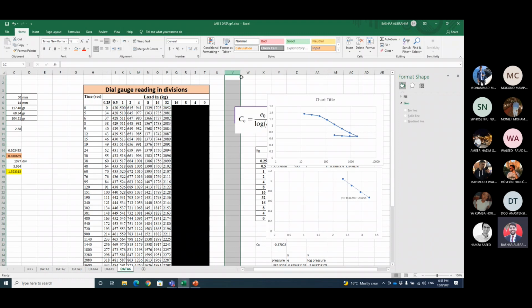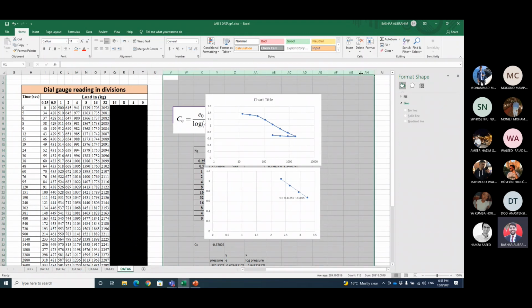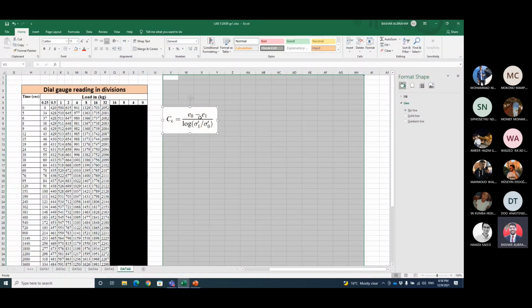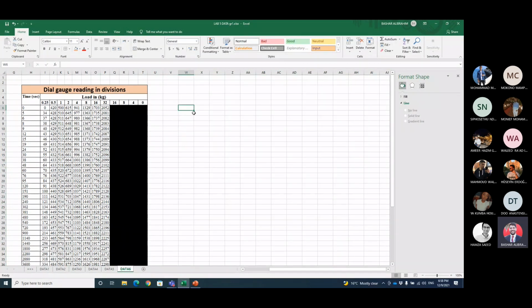I will erase the things we have done already because they are irrelevant for the next part. First of all, you convert the time. You can keep it in seconds, it's okay, but I wanted to convert it into minutes. So I divide the time by 60, so it will be in minutes.